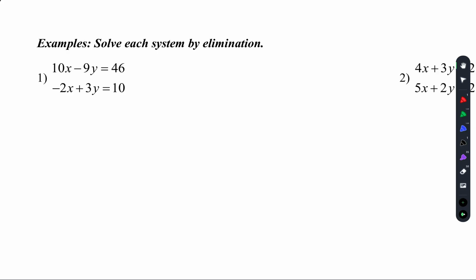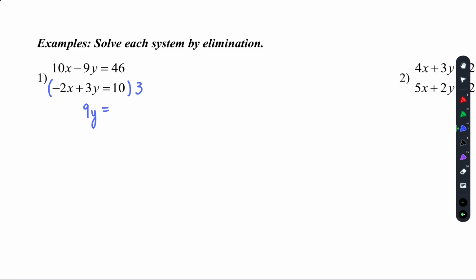So I'm going to multiply this bottom one by 3, because then I force that 3 to be a positive 9. I want these to be opposites of each other. That's the goal. So I'm going to multiply this by 3, because the goal is to make this a positive 9y.